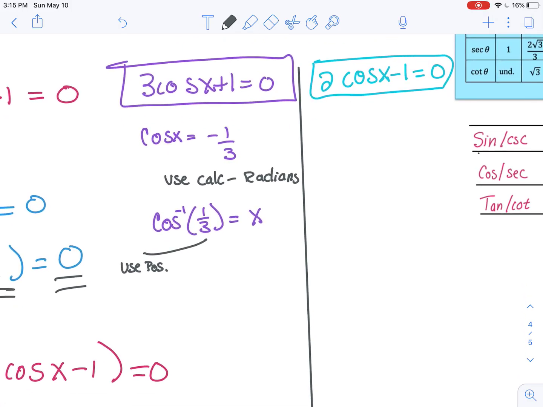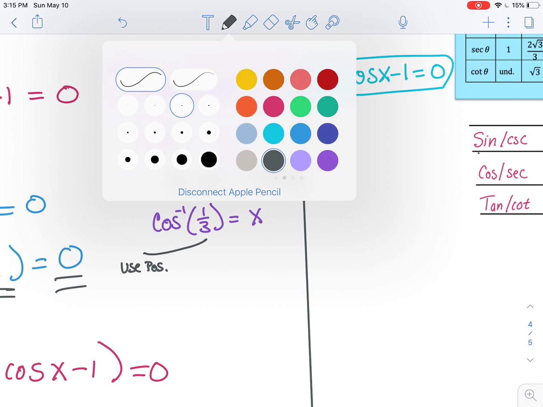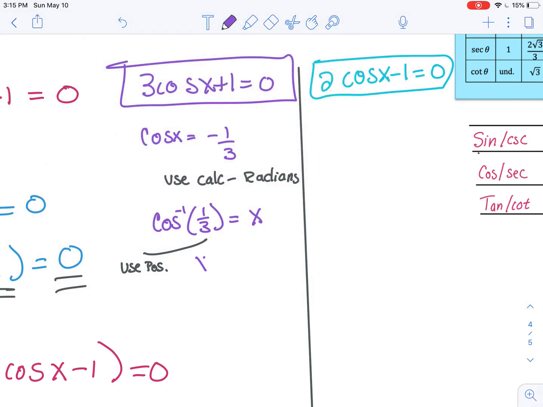If I plug that into my calculator, I want to make sure I'm in radians. So my mode right now is in degrees. I switch to radians. I'm using cosine inverse, 1 divided by 3 gives me 1.23. So x is equal to 1.23.